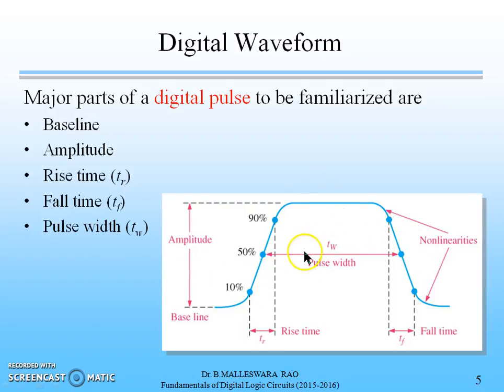Pulse width is typically defined for a digital waveform from 50% of the amplitude on the leading edge to 50% of the amplitude on the trailing edge.